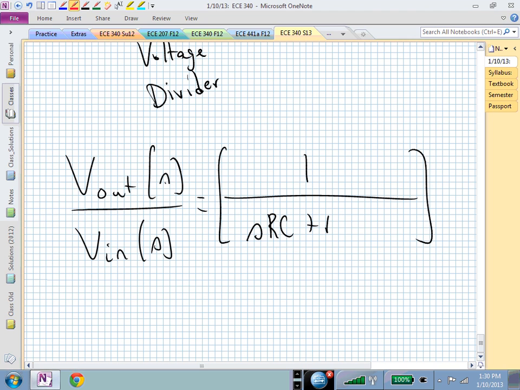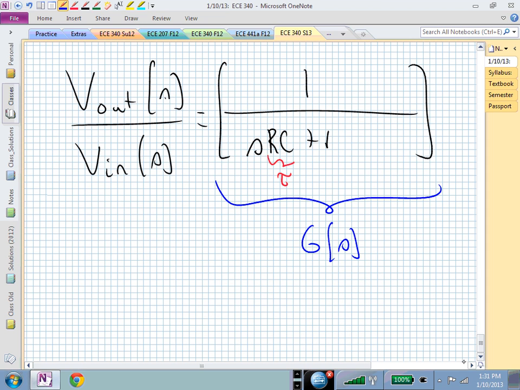And maybe I will just collapse this into tau, a time constant. This is now my transfer function.